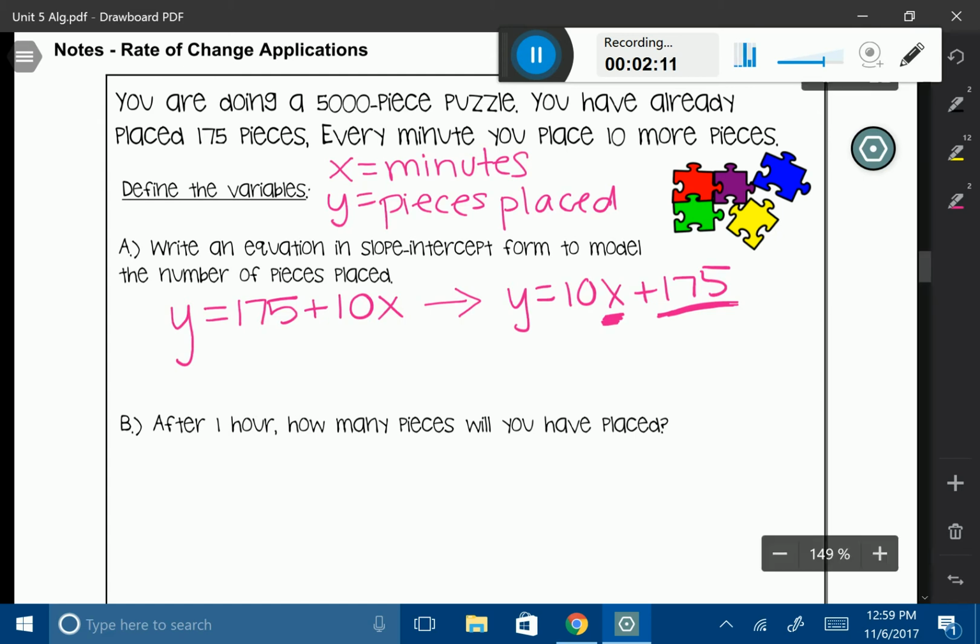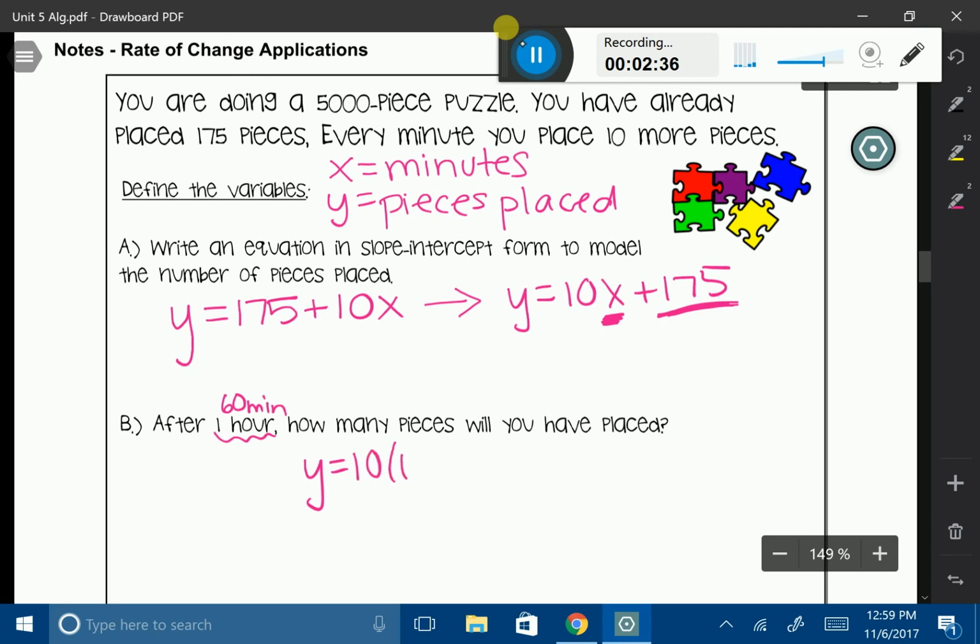Now, B says after 1 hour, how many pieces will have been placed? So I'm going to substitute a number into my x. Now, 1 hour. Again, my x is in minutes. So 1 hour is actually transferred into 60 minutes, right? So I'm going to substitute 60 minutes in for my x, my minutes.